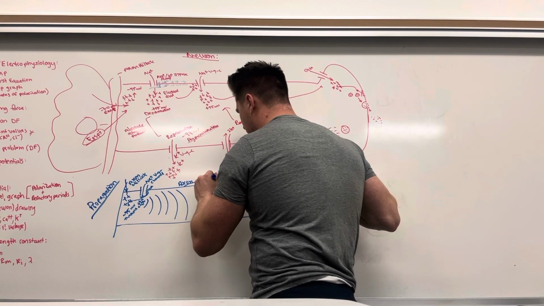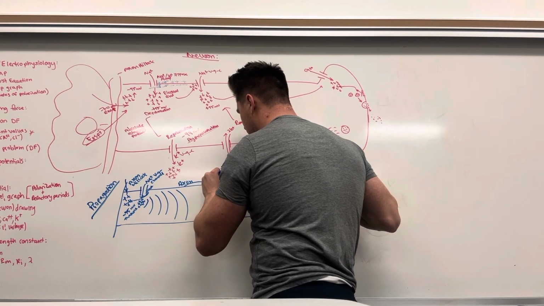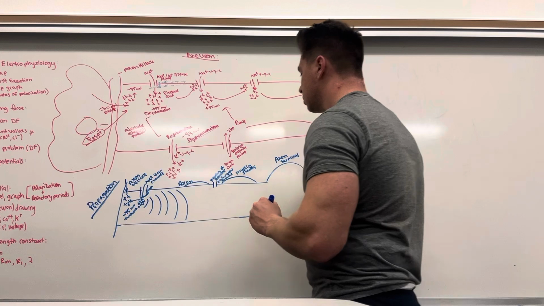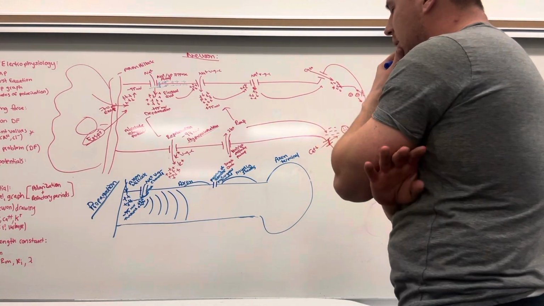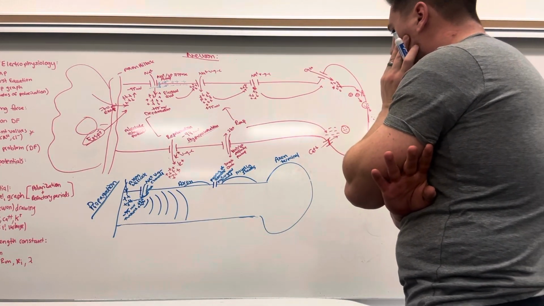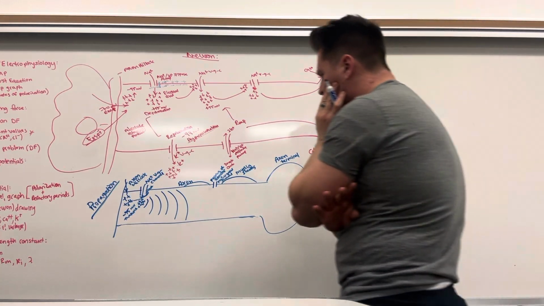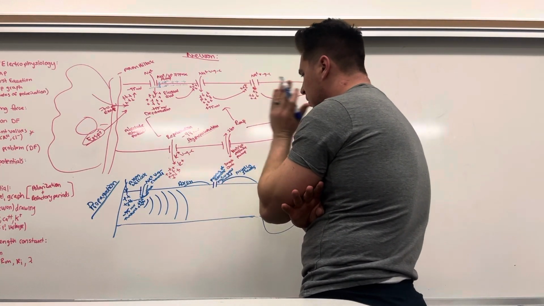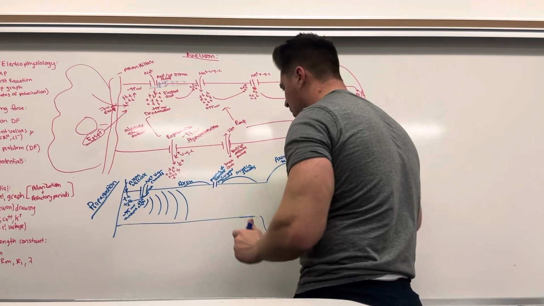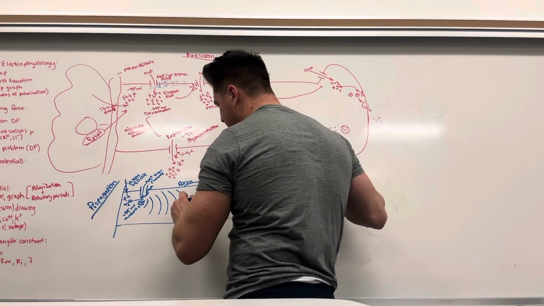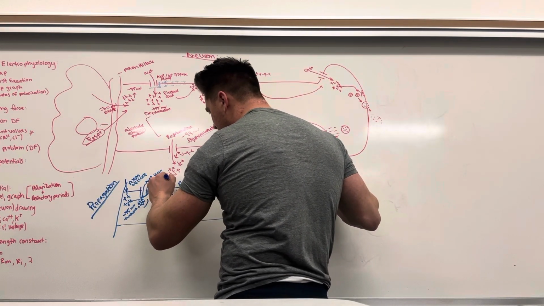And right here, we have another sodium voltage gated channel. Okay? And so what ends up happening is you have this voltage gated channel, and you have this sphere of influence that's floating down the axon. And on the neuron, we have a couple things.